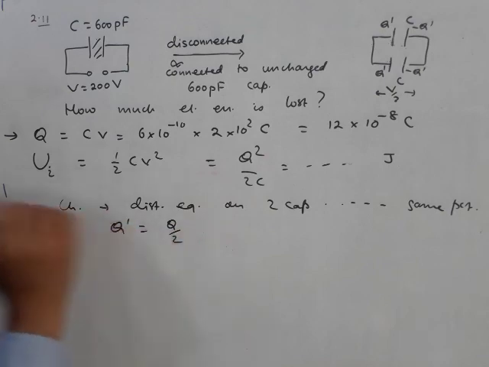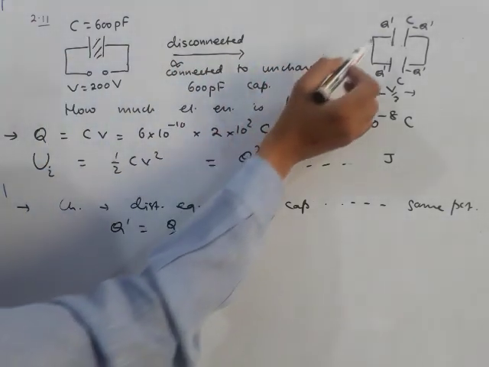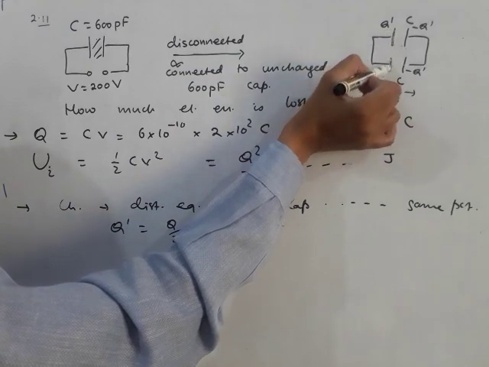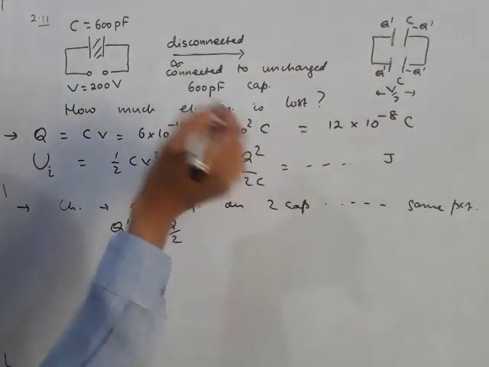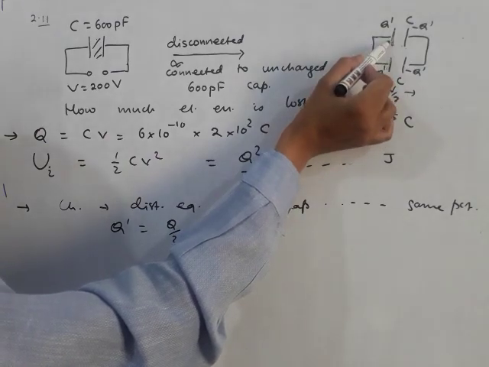Q by 2. Why Q by 2? Whatever charge was there on one plate, that charge now has to distribute between two plates, and equally. So if it was Q, half of it will be distributed, this becomes Q by 2, this becomes Q by 2.